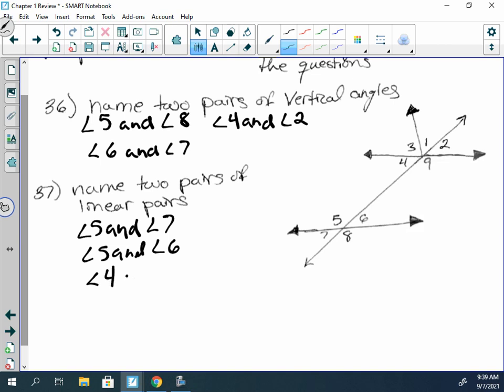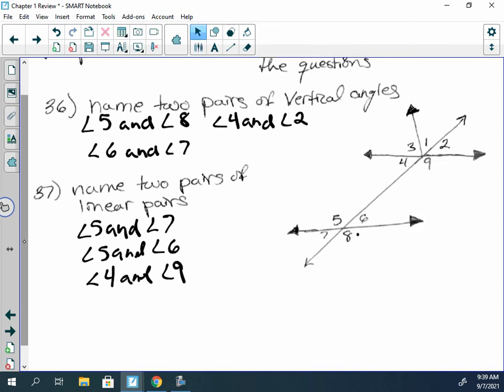But we could say 4 and 9. We could also say 7 and 8, 8 and 6. Any of those, 2 angles that make a straight line. Because one of the other pieces for them to be a linear pair is that they have to be adjacent. They have to share a common vertex and a common side with no common interior points.